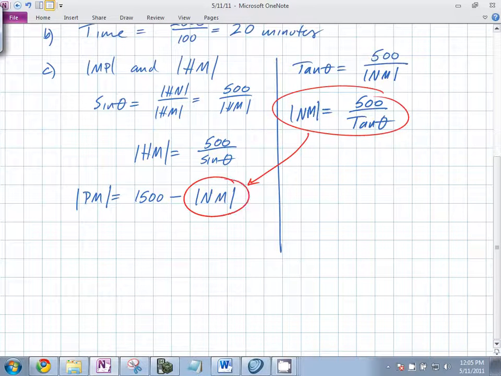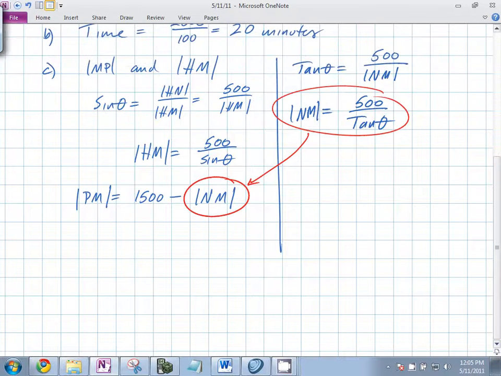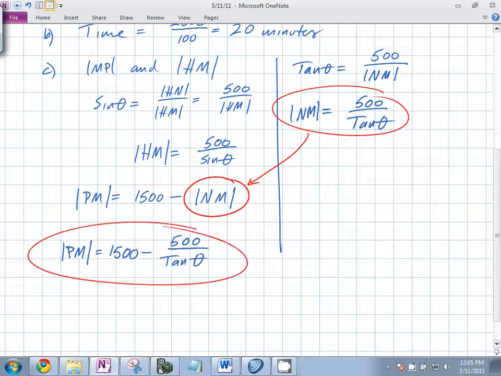Right there. So now what do we have? PM equals 1,500 minus 500 over tan theta. Excellent.